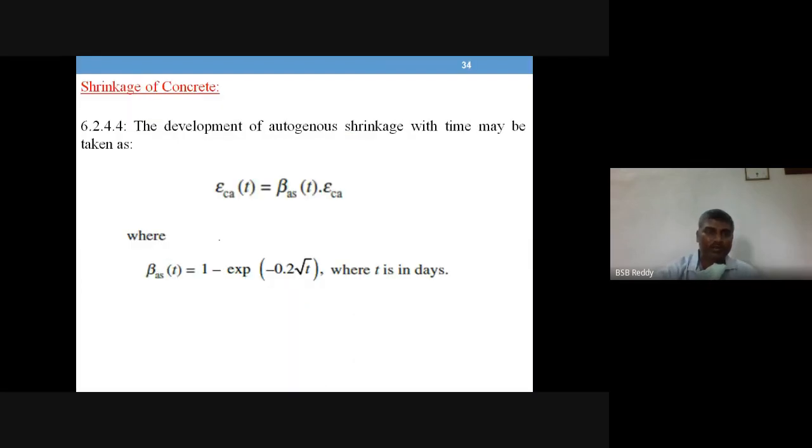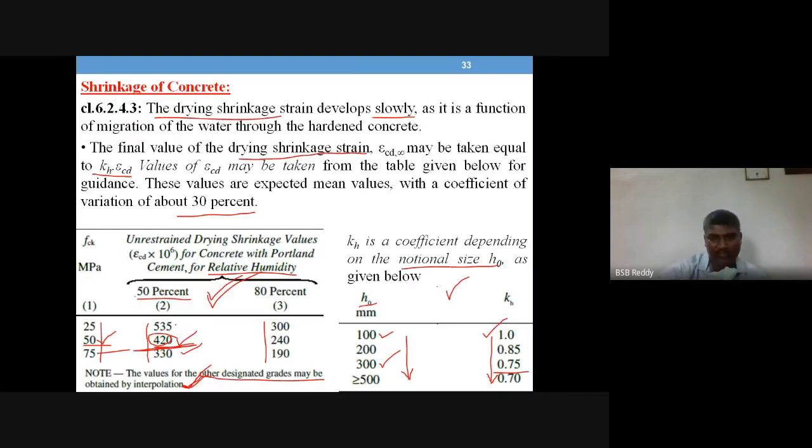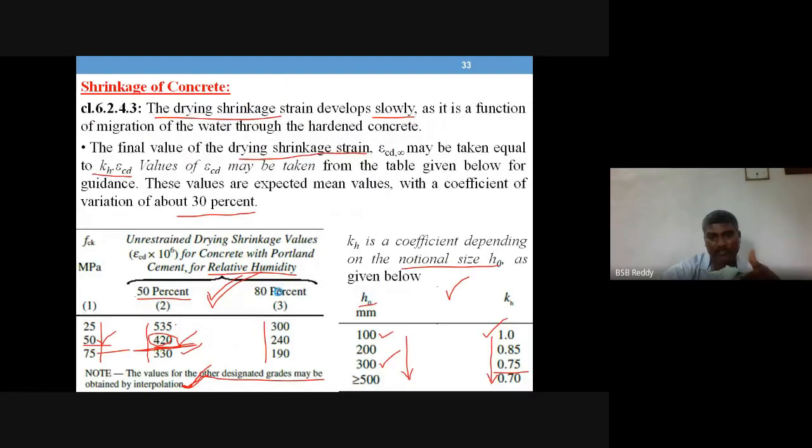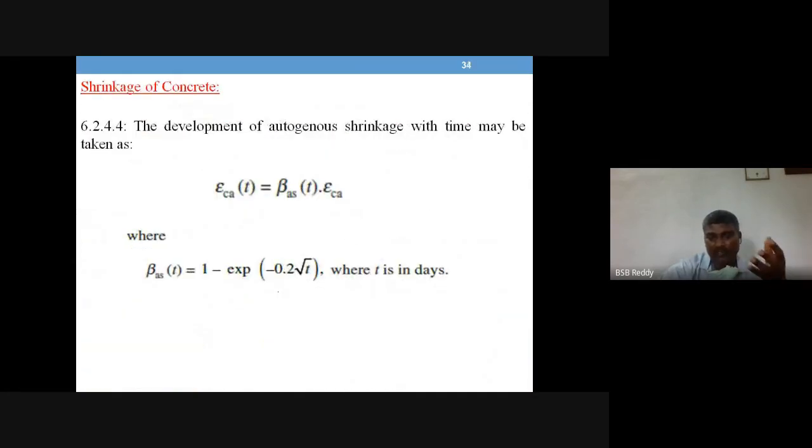So, coming to clause 6.2.4.2, these are final values of shrinkages, autogenous and drying. So for example, if you are interested in finding autogenous shrinkage at a particular time interval, say for example after 1 year, what is the shrinkage value? You can get it from this formula.